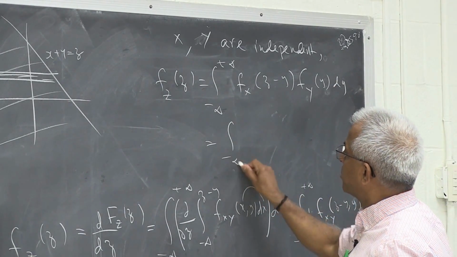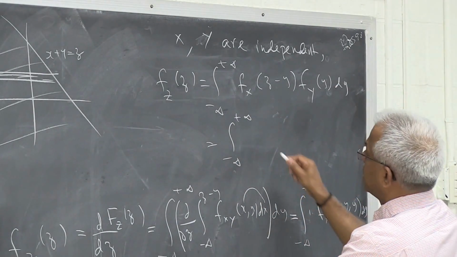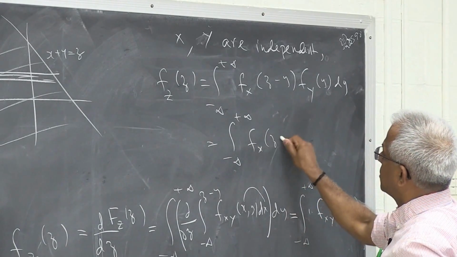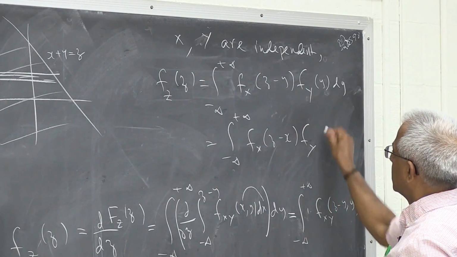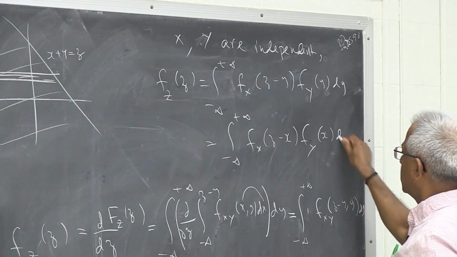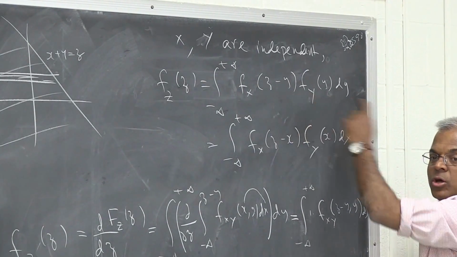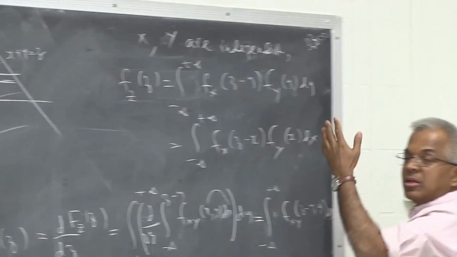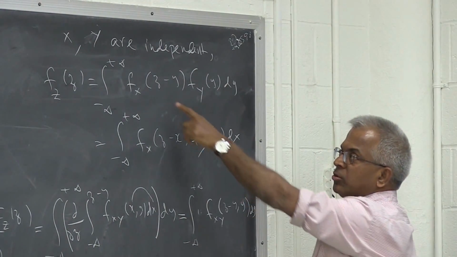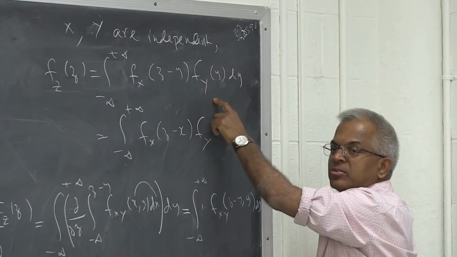Or it's the same as the integral from minus infinity to plus infinity of f_X(z minus x) f_Y(x) dx. So what? Can anybody see this operation? If those of you know convolution, you can say this is the convolution of two density functions.